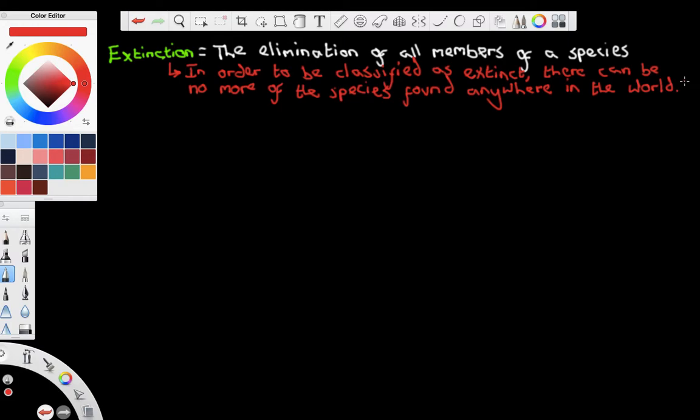Okay? So if there's a single individual of that species still found, it's not technically extinct. It's only extinct once they are all gone.